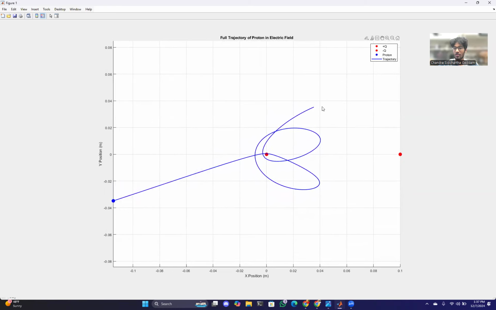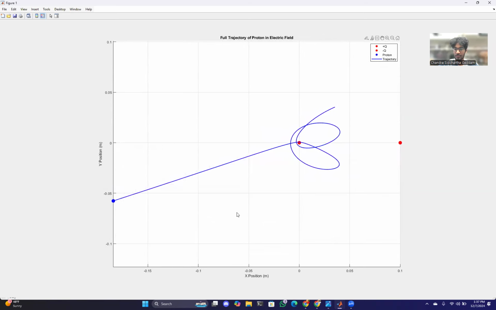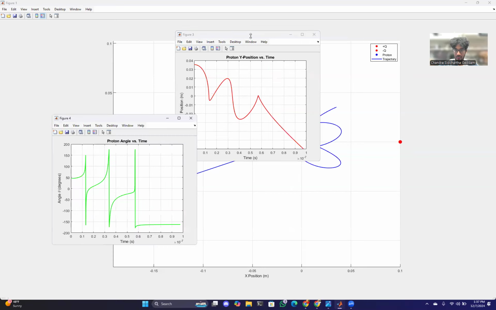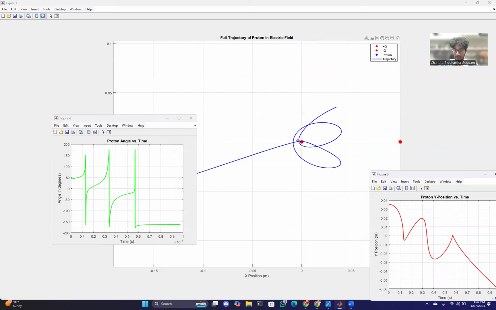And then you can see the trajectory of it here. Yeah, my bad, I guess I explained it in a different way. The negative charge is for this particular charge, which is at 0, 0.